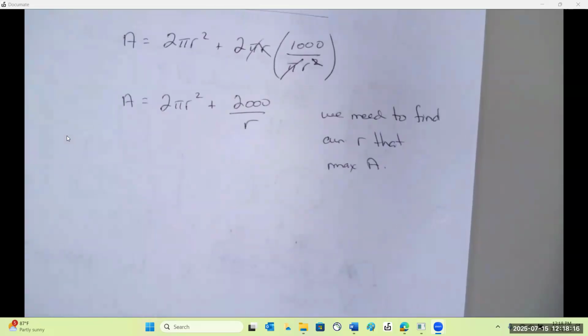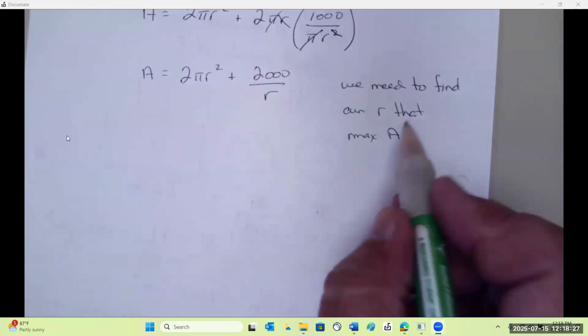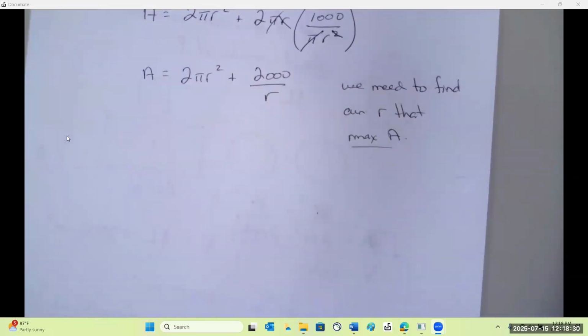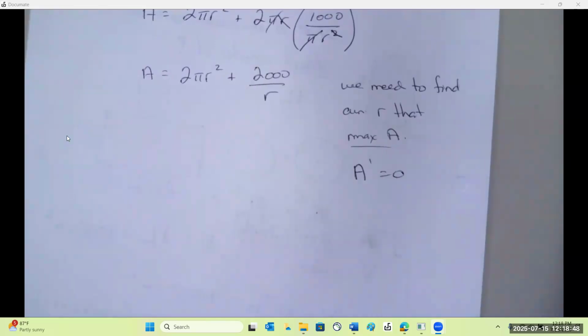How do we do that? We're looking for the maximum of A. How do we find that? Maximum would be an extrema, right? How do you find extrema? First derivative, set it equal to 0.